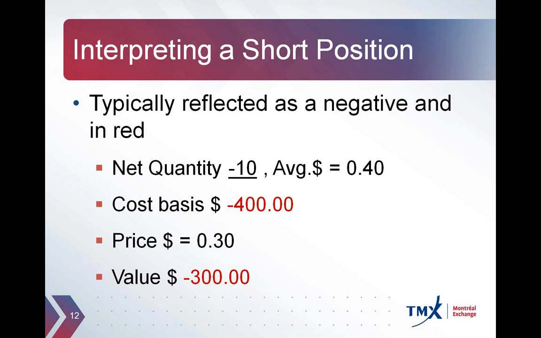Now if that option goes from 40 cents down to 30 cents, the value, or the liability, is -300. That's actually a good thing if you're an option writer, because you have $400 in cash sitting in your cash balance, and the liability is only minus $300, which means that now you are profitable by $100.